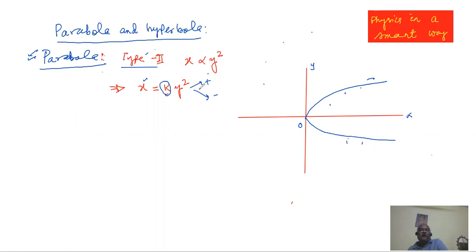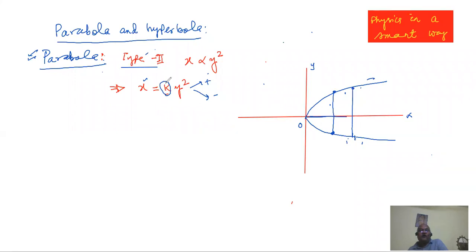So if k is positive, then we know y is plus for a point on the parabola, for the opposite point y is minus, but still x for that point is positive. We can see the curve that is like this.